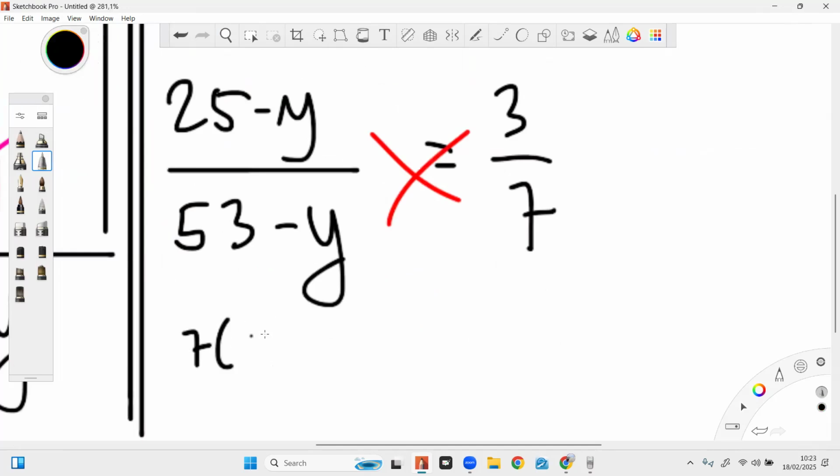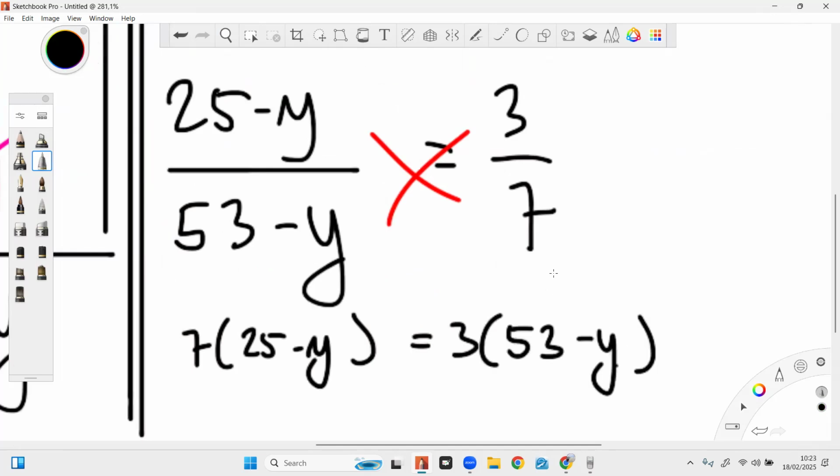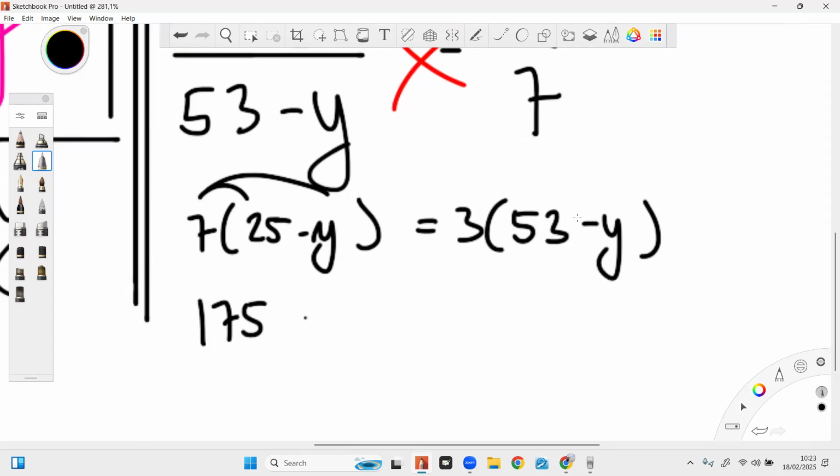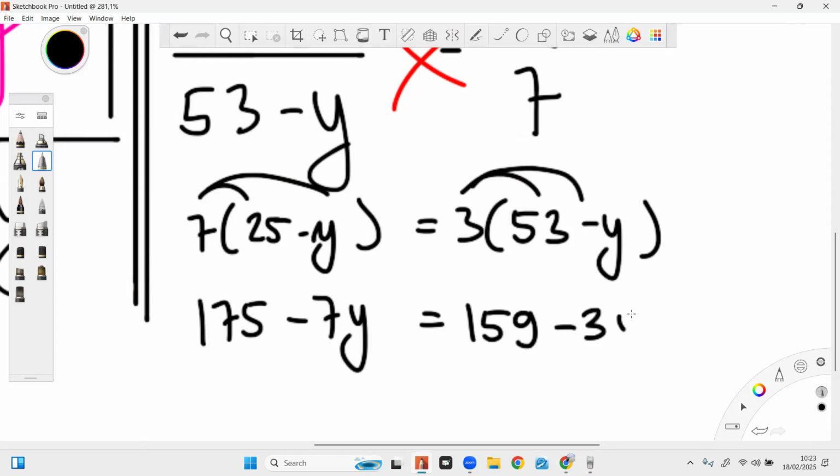7 times 25 subtract Y. 3 times 53 subtract Y. Distribute. No calculator. 175. Did you use a calculator?